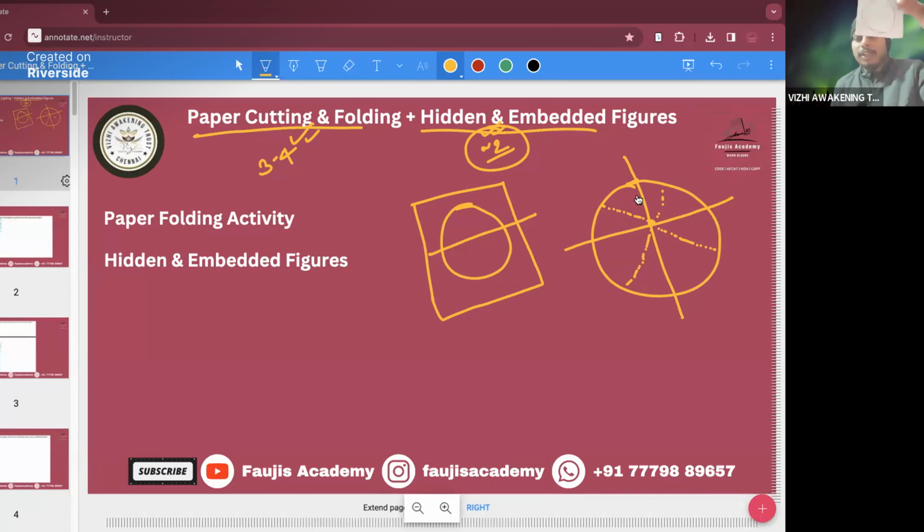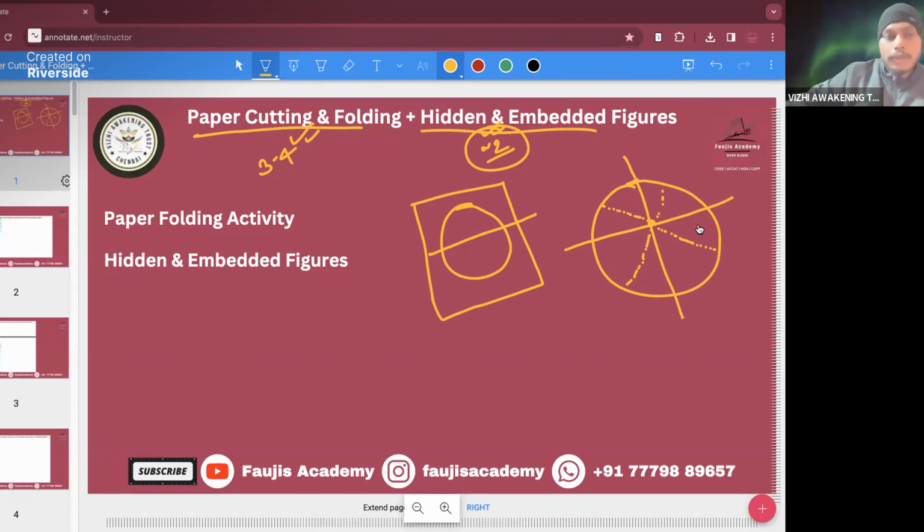It doesn't look like a circle, but let's just imagine it's a circle. Then we'll draw these 2 lines, double the radius, and then the dotted lines. Are you guys done with it?